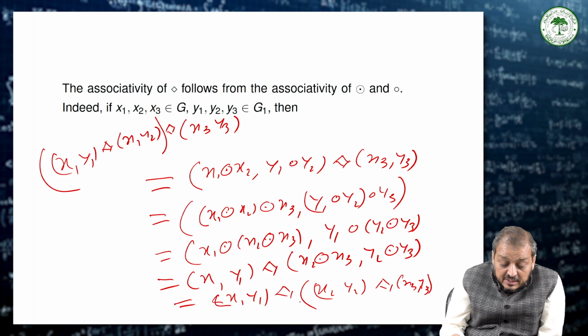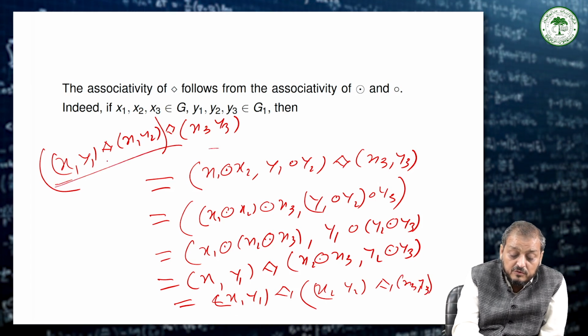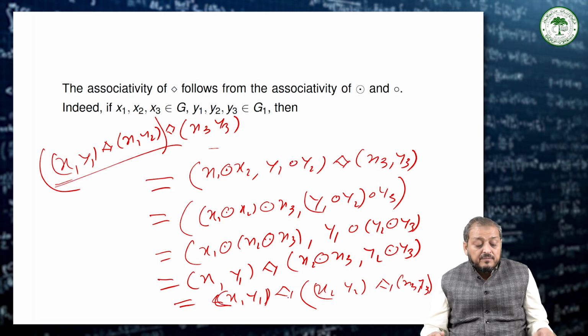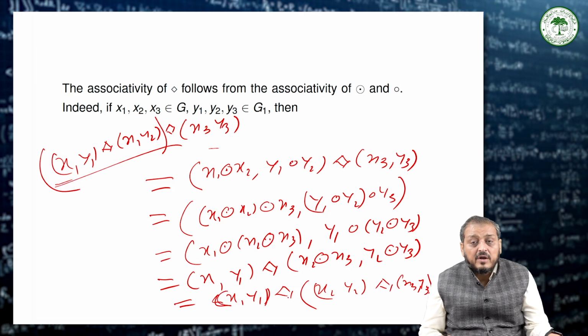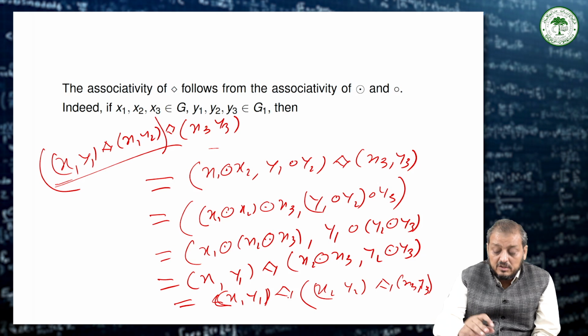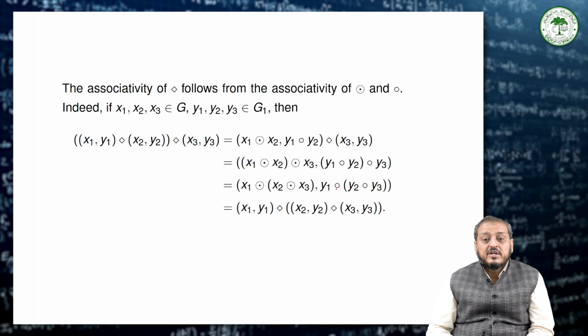And now this is nothing but equal to what we have to write in this form. So this means clearly that the product we have defined satisfies the associativity condition also. So I just say that associativity is there.